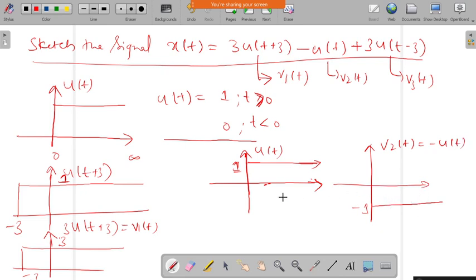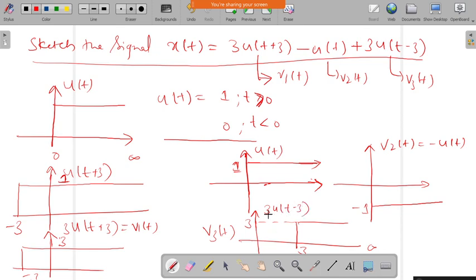Similarly, v3 of t is positive shifted, so plus 3 to infinity, and the amplitude is the scaled version, which is 3. So this is nothing but 3 into u of t minus 3.